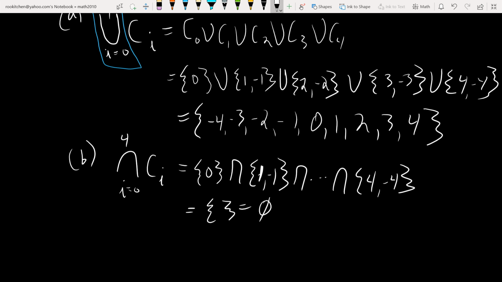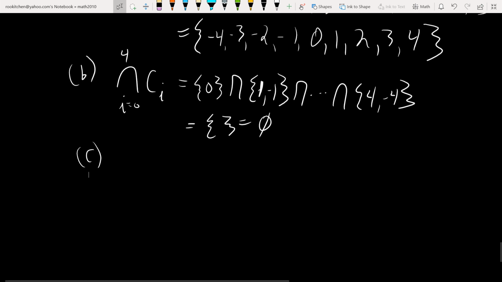When this happens, we call them mutually disjoint. In particular, if you have an intersection of sets and the set is empty, it may or may not be mutually disjoint. Mutually disjoint is kind of hardcore. There's no way for any two sets to have anything in common.